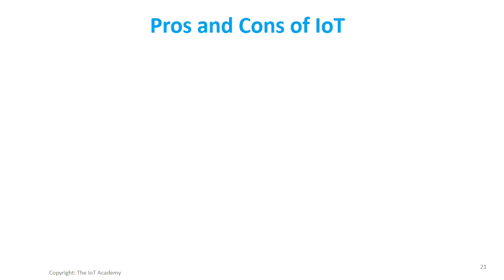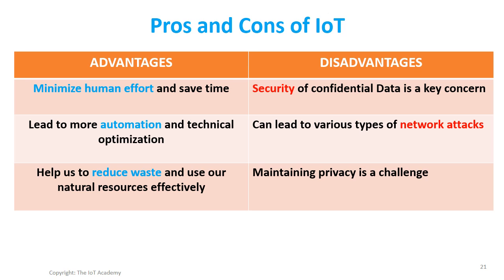So what are the pros and cons of IoT? The advantages: it minimizes human effort and saves time. It also leads to more automation and technical optimization. It helps us reduce wastage and use our natural resources effectively. The disadvantages: security of confidential data is a key concern.